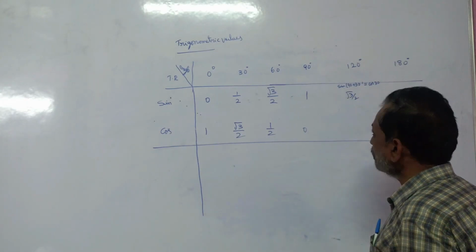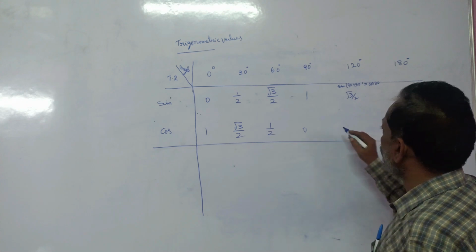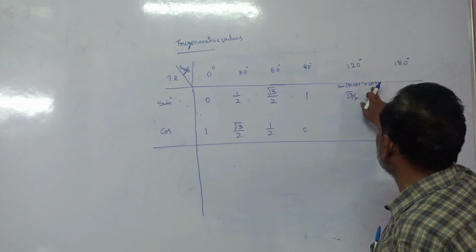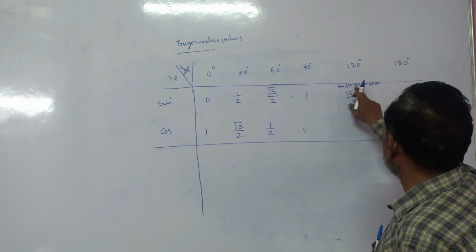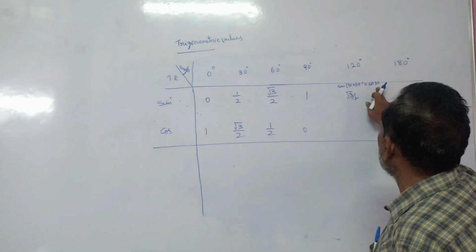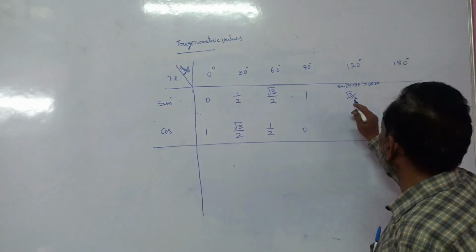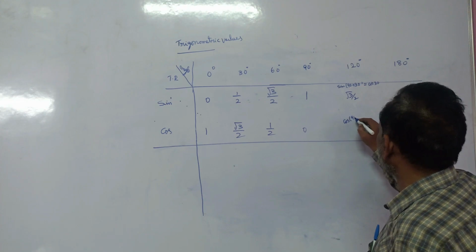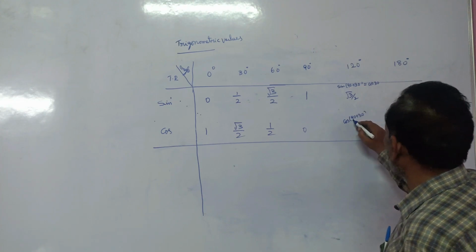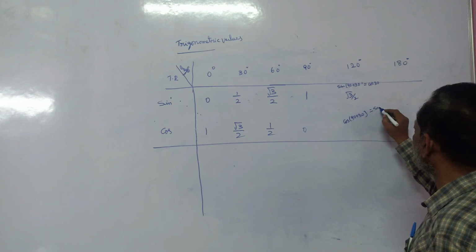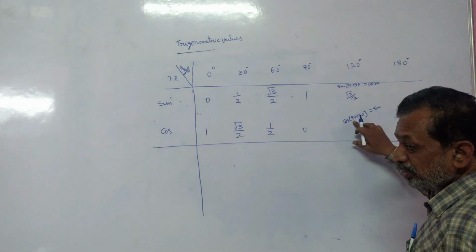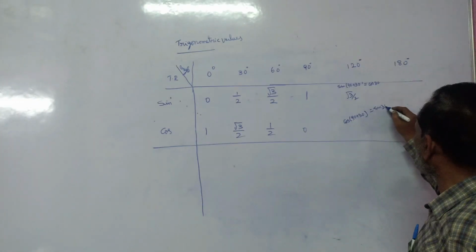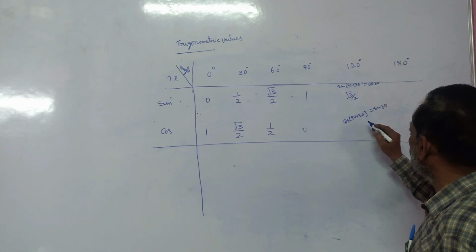Then cos 120 is cos of 90 plus 30. Cos becomes sin 30, but cos in the second quadrant is negative.